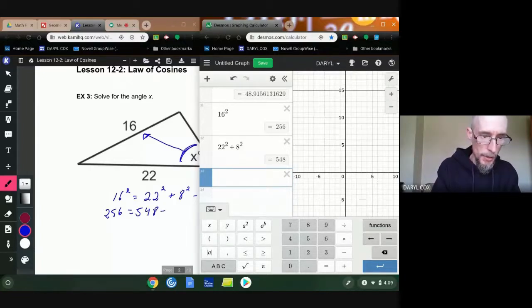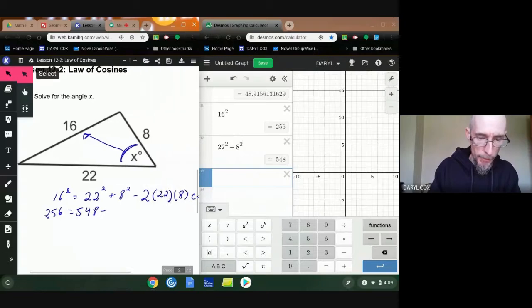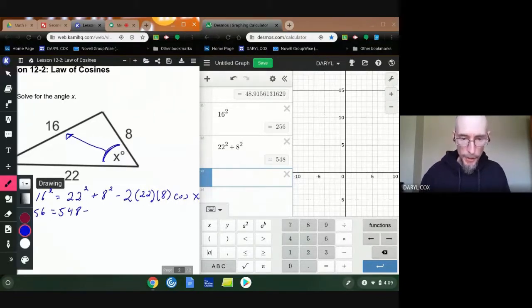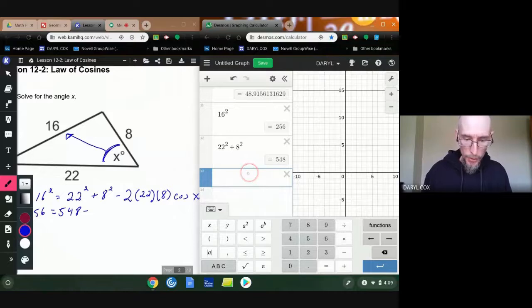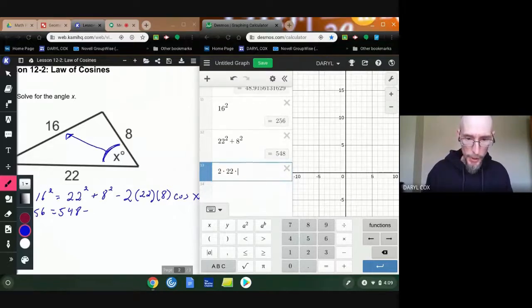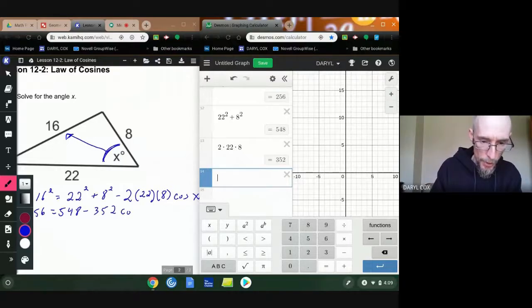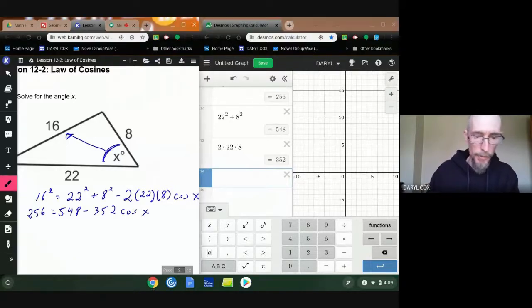Minus. So let's see what else is written under here. Okay. So minus, now I've got to get 2 times 22 times 8. So that's going to be 352 cosine of x. Okay. So we're just working through our algebra here. To do this, I'm going to subtract the 548 on both sides.